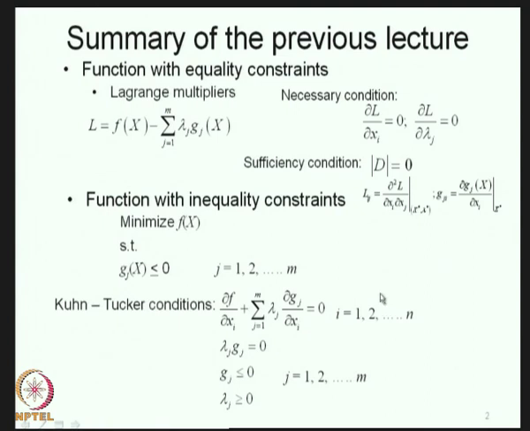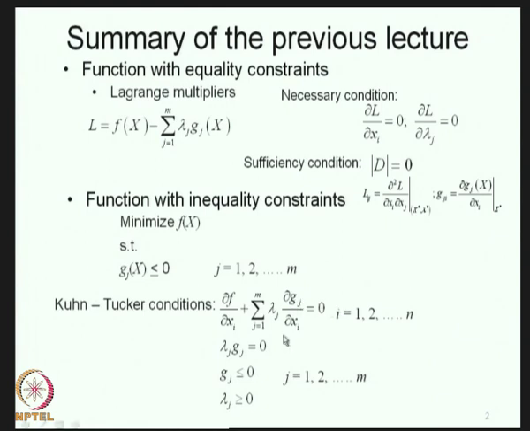So, you have n conditions associated with the first, m conditions associated with each of the others. So, you have n plus 3m conditions here. What we do is take the first n plus m conditions, which are in fact equations, to solve for the n plus m variables, namely x1, x2, x3 etcetera xn, and lambda 1, lambda 2 etcetera lambda m.